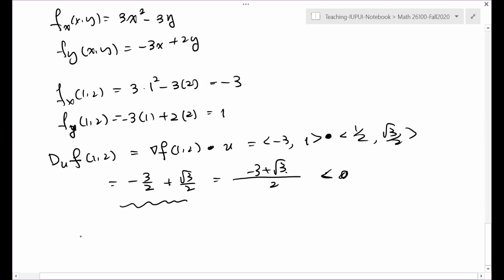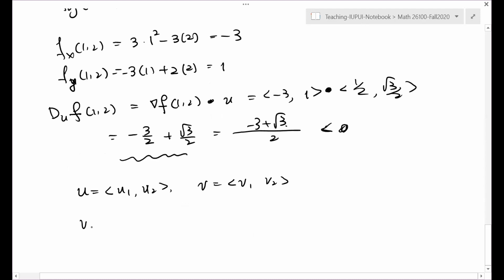If you have two vectors u1, u2 and v1, v2, the dot product is just u1 times v1 plus u2 times v2. When you see u1 v1 plus u2 v2, it can be written as a dot product. That's also called the inner product in linear algebra.